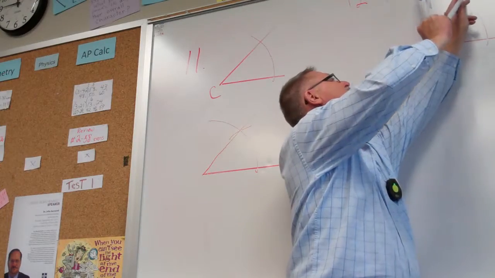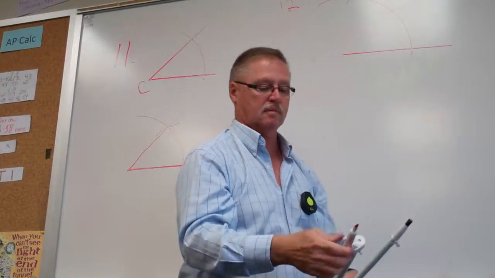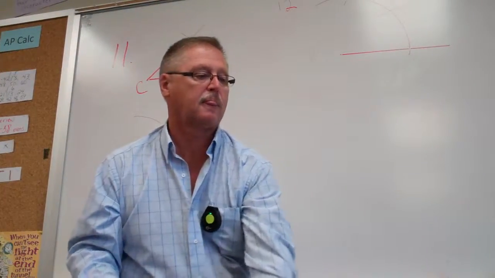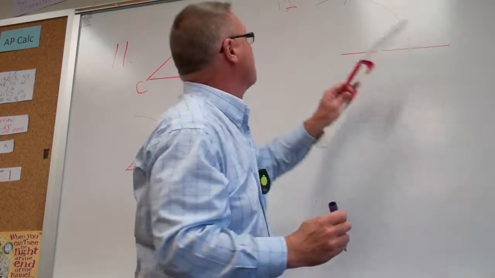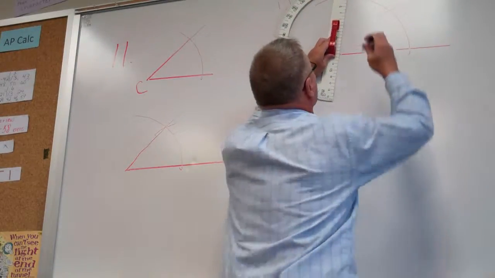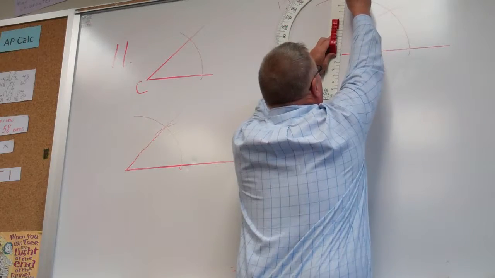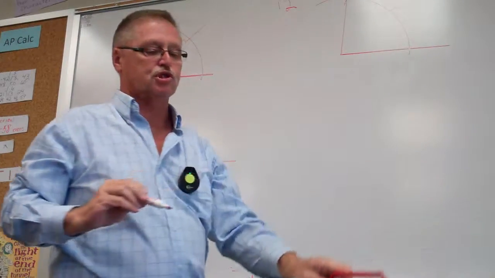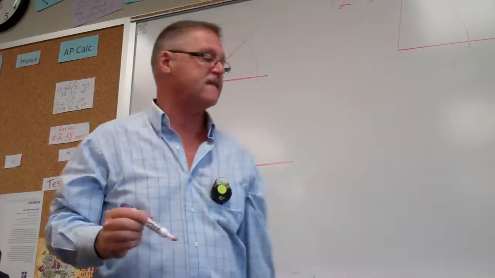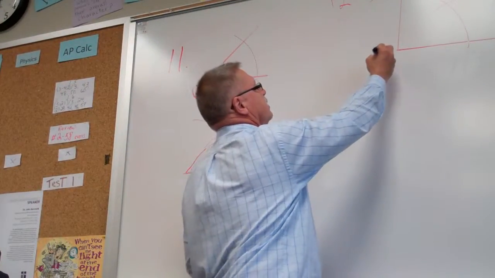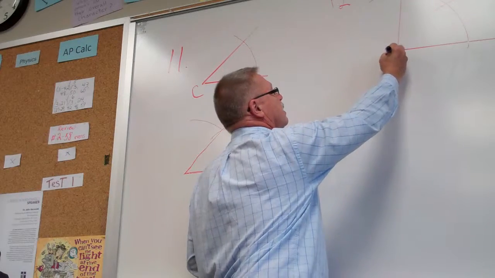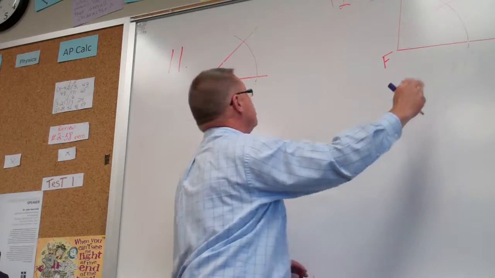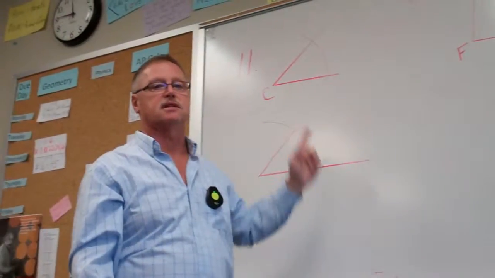There's where it's got to be. And this is supposed to be called what? F? I think they said they wanted angle F to be 2 times as big as C.